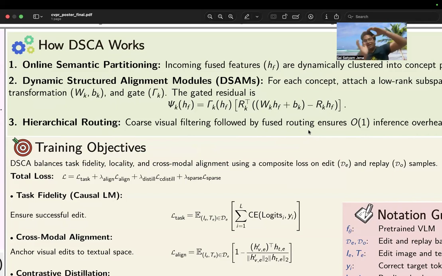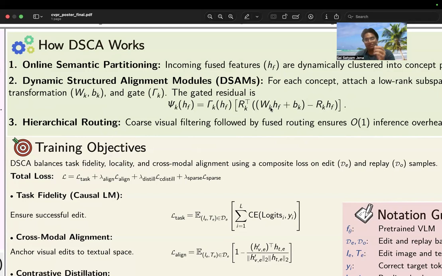So we derive RK. In RK, the rows are the top R principal components of the collection of HF in one concept. One concept refers to the subscript K, and RK is the semantic subspace of that concept. So RK HF projects the internal fused representation into the subspace in which we are trying to do the edit.